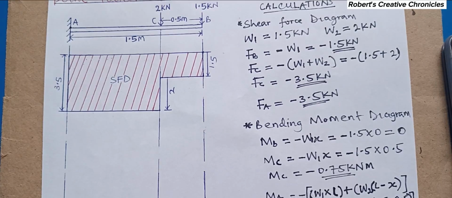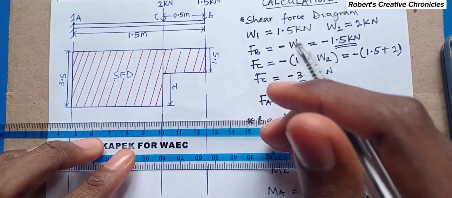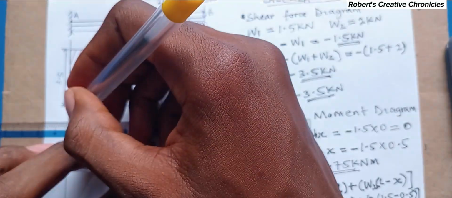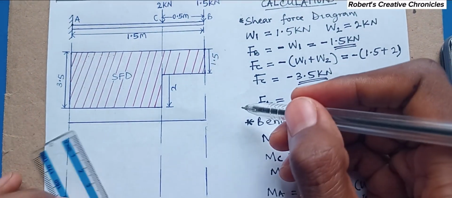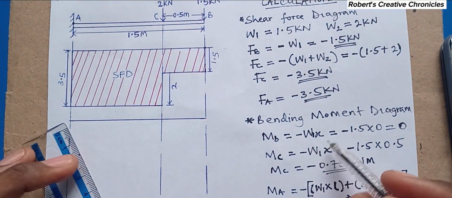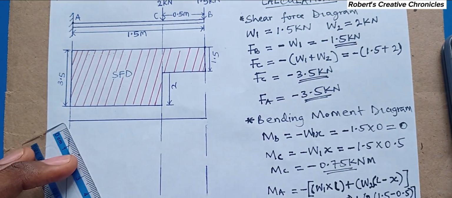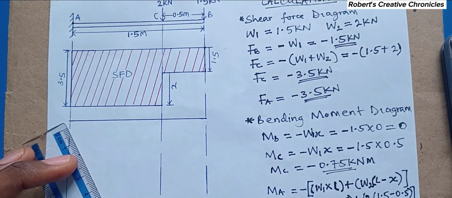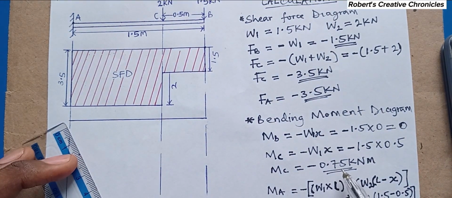This is the shear force diagram. So the bending moment diagram, in the same way you draw a horizontal line. Now at this point B, my bending moment is 0. You mark here 0. So at the second point C, my bending moment is negative 0.75.